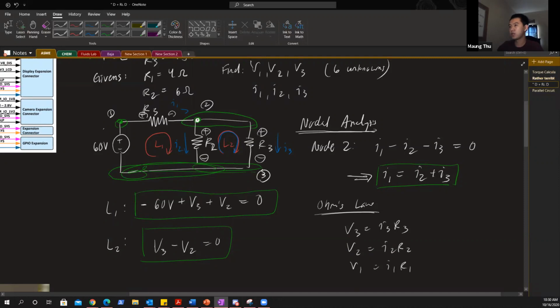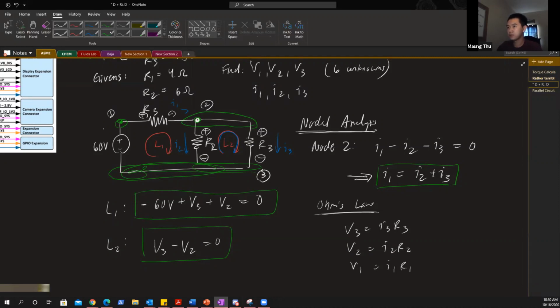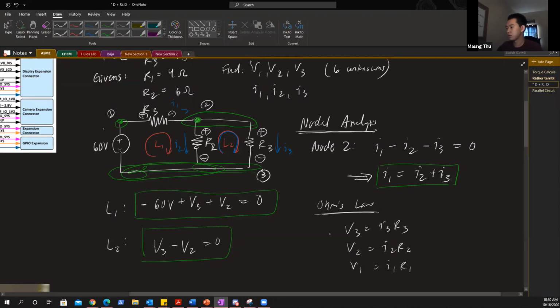Okay, so those are your 3 equations right there. So now you have a total of 6 equations, and you're ready to solve for each voltage and current that's going through this entire circuit. Okay, so that's how you basically analyze a basic circuit like this.